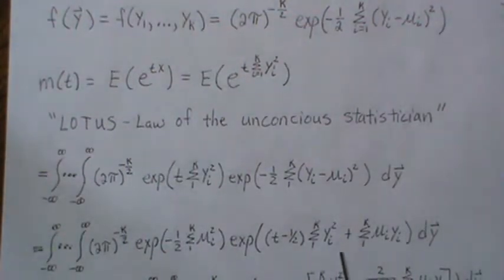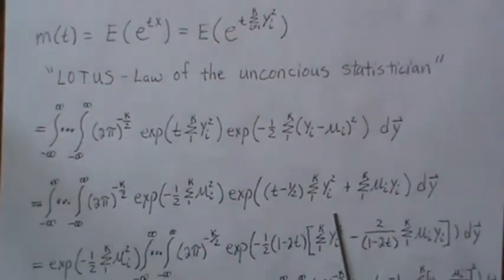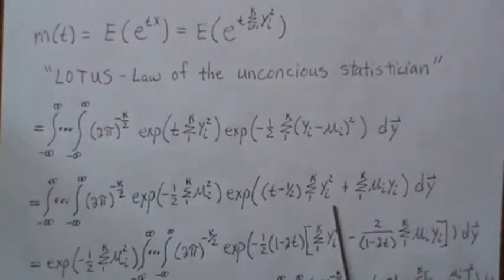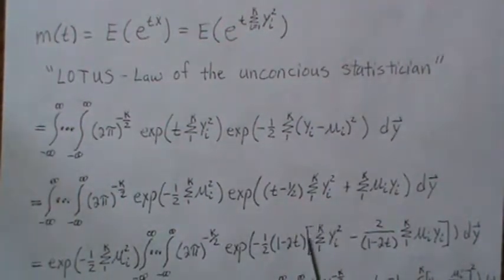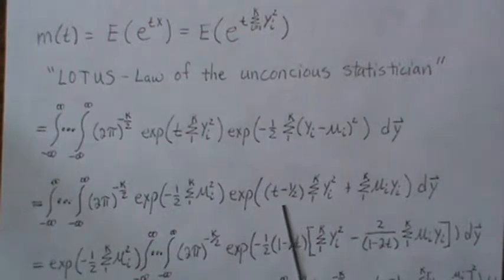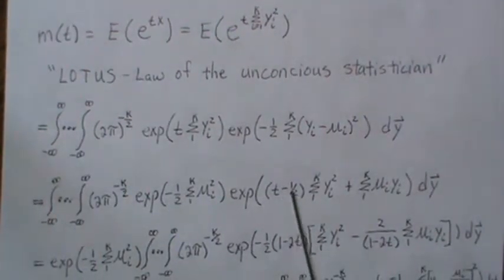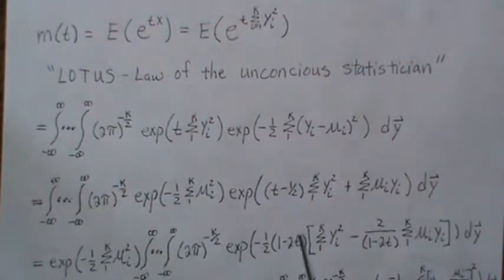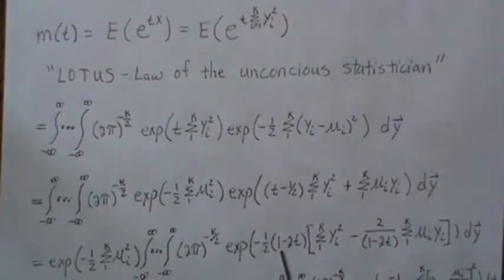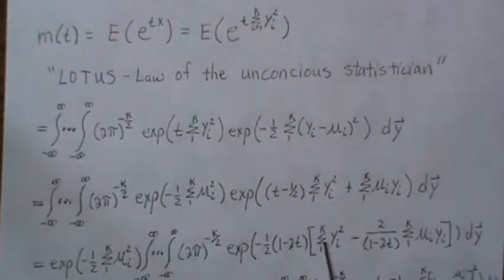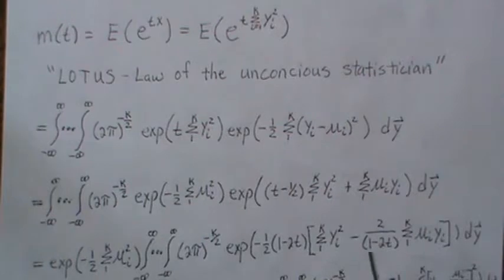Now here, when completing the square, I always like to have the coefficient in front of the yi squared be a 1. So I factor out this piece, okay? And then I factor out a minus 1/2 from this, but it's really this. And then I like to think about this by itself.